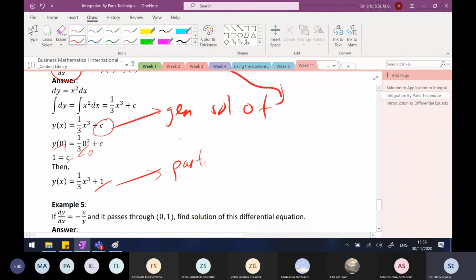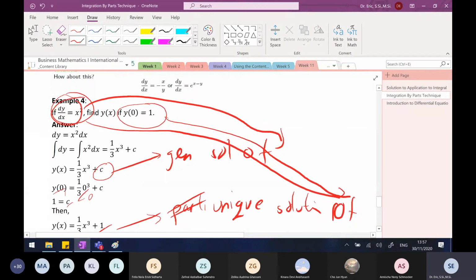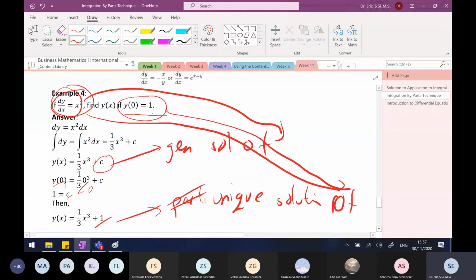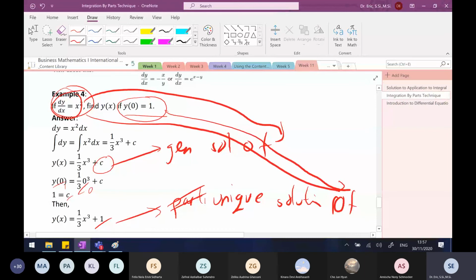This is what we usually call the unique solution of the differential equation given the initial condition. Do you have any questions? This is the direct method. You can solve this directly.